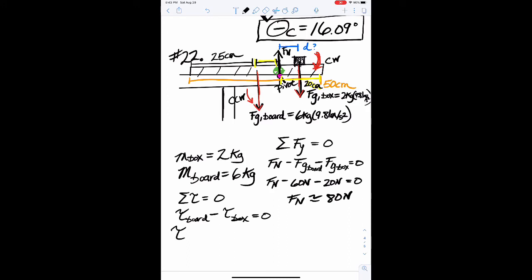Because of that, that means that between 20 and 25, this distance right here has to be 5 centimeters. So the distance from the center of gravity of the board to the pivot is 5 centimeters away.